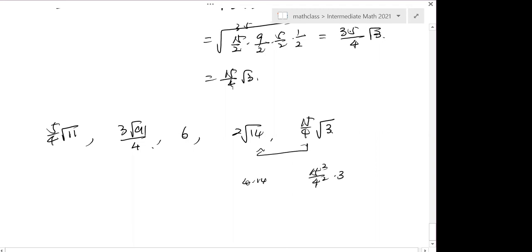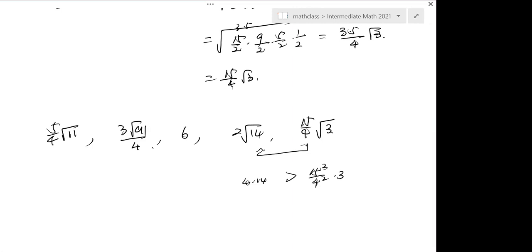Let's see which one is larger. 4 times 14 minus that. The second one is larger, the one on the left is smaller. The difference is negative.